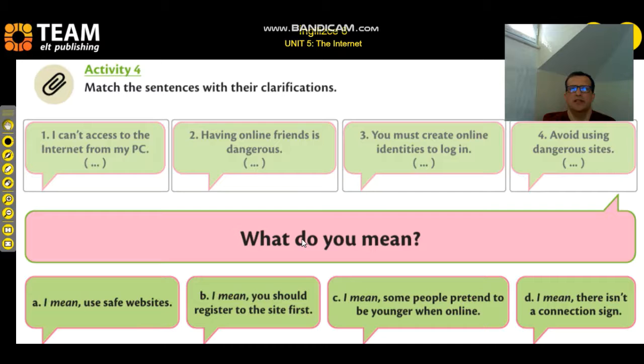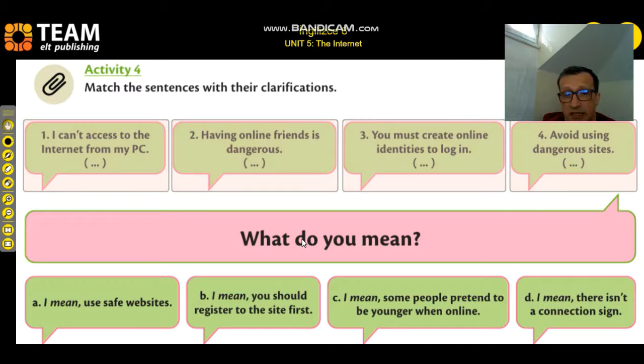Access, remember, what does this word mean? Access means enter, remember. Yes. I can't access, I can't enter, I can't get into my internet from my, I can't make my connection, okay? It means I can't make my connection.